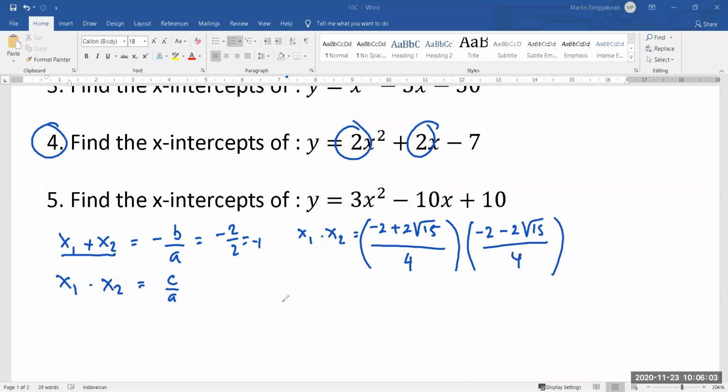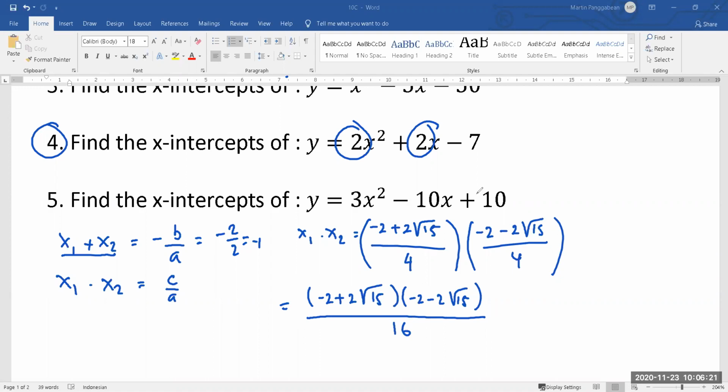Multiplication. It means that this will be the numerator, and then the denominator becomes 16.